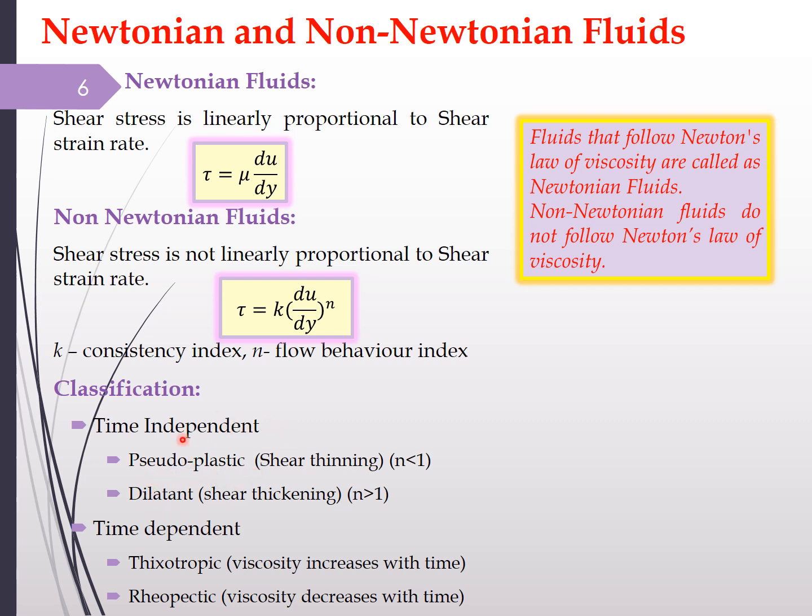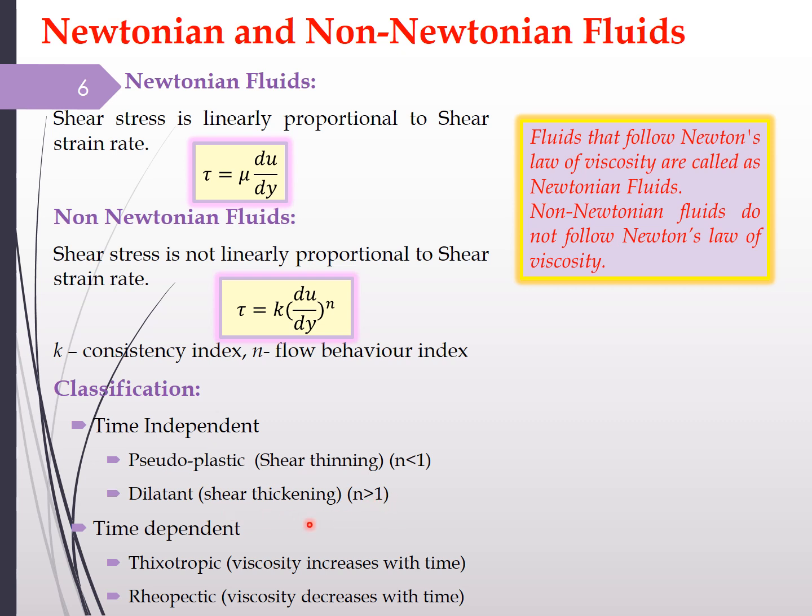With the passage of time, there will be a change in the viscosity. Pseudoplastic fluids are also called shear thinning fluids, and n, which we call the flow behavior index, is less than 1 in these cases. So if n is always less than 1, we can say it is a pseudoplastic fluid. Then we have dilatant fluids, which we call shear thickening fluids, and in that case n is greater than 1.